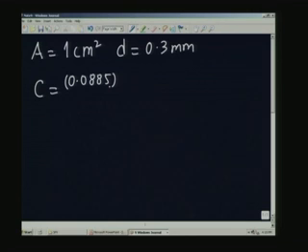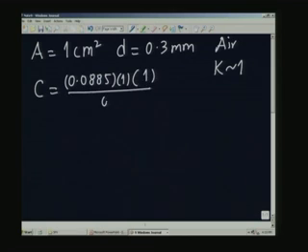If I use air, K is almost equal to 1. So, I will just say 1 here, area is 1 divided by d is 0.3, so many picofarad. This will come to about 2.95 picofarad. It is a very small capacitance.